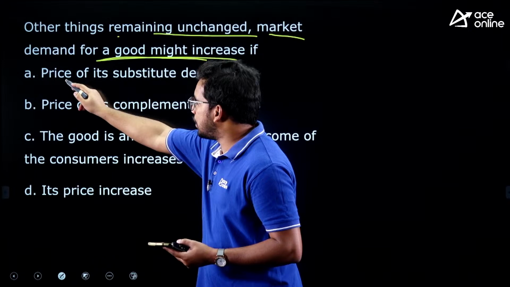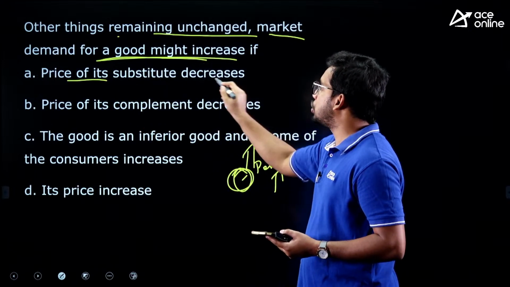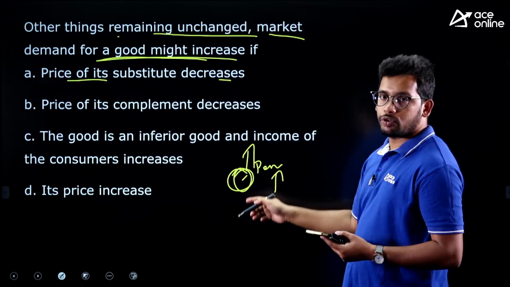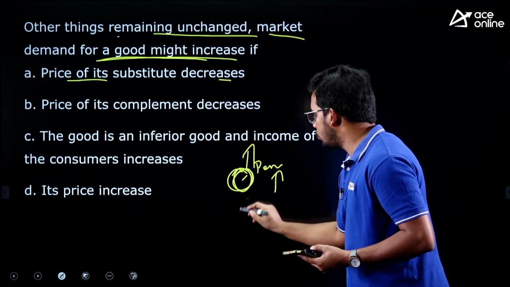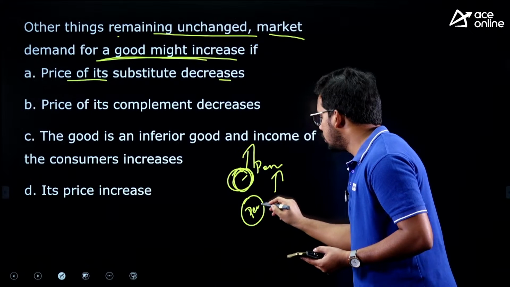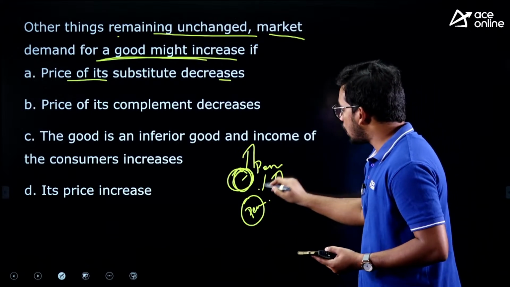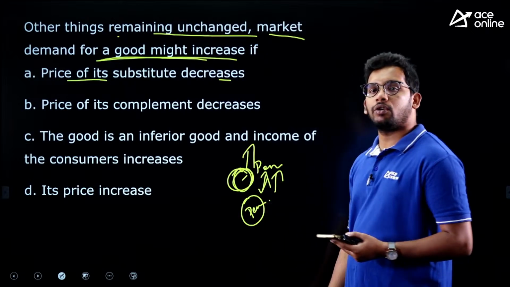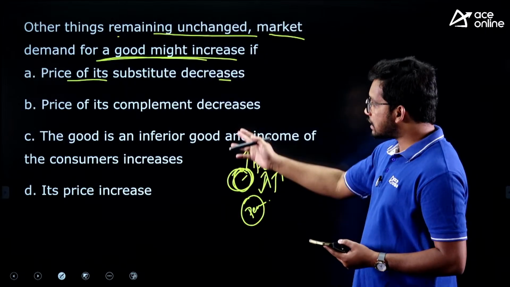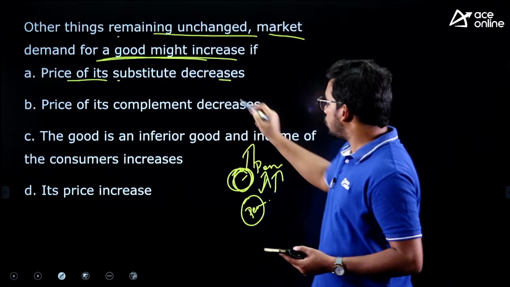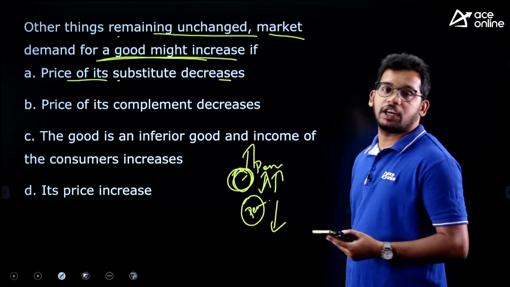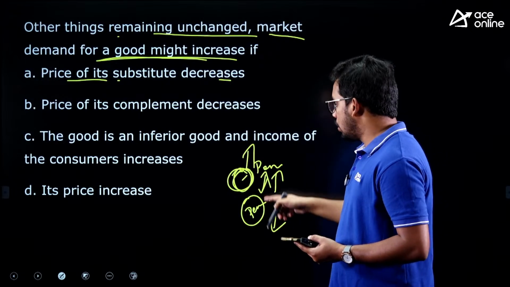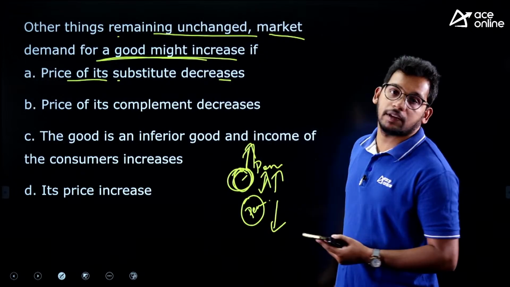The first statement they have given is that the price of its substitute decreases. Substitute means if you are not using a pen, you can go with a pencil. So these are substitutes. They are saying the price of the substitute decreases, so the pencil cost is decreasing. So the demand for the pen increases, they are saying.